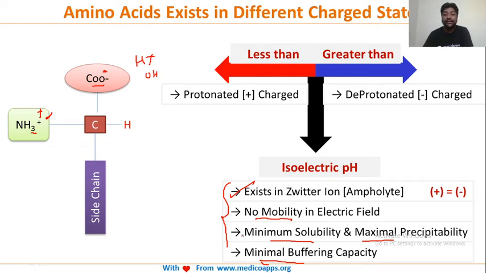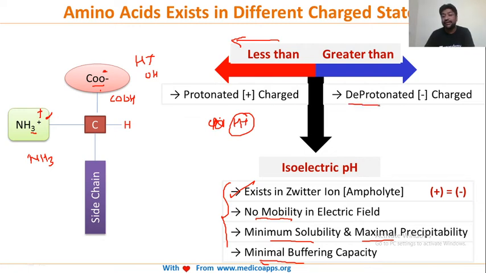Now, the important thing to understand is what happens when the pH is less than the isoelectric pH. When the pH is less, there are more hydrogen ions and fewer OH ions, so this will exist as COOH and this will exist as NH3 plus. Overall, the amino acid will be in a protonated form.